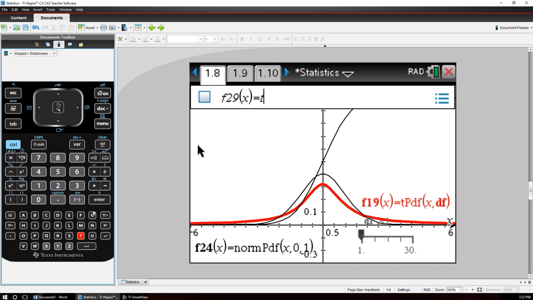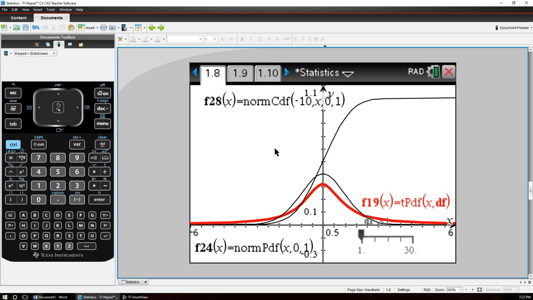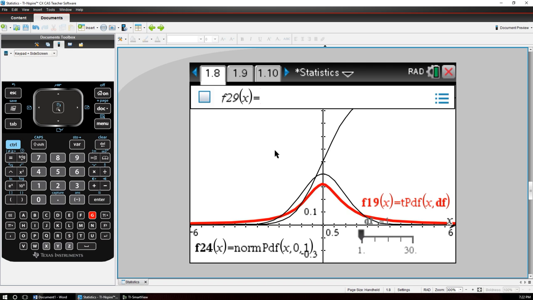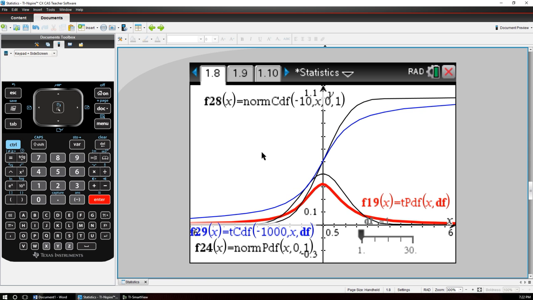I'm going to graph the TCDF from, let's just go negative 1,000 to X. And degrees of freedom are going to be whatever DF is down here. Oops, let's try that again. TCDF negative 1000 to X with degrees of freedom, DF, enter, and there it is.